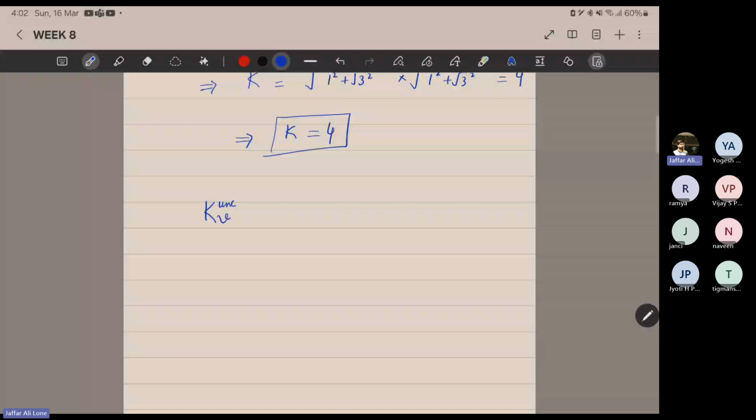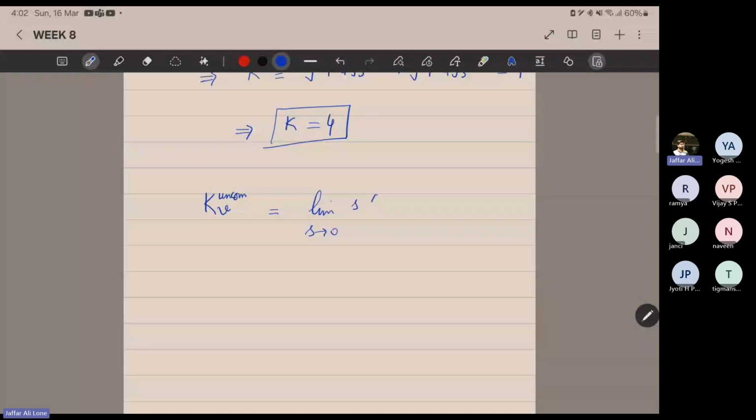Its velocity constant will be the limit as s tends to 0 of s into G(s). So it will be s into 4 divided by s into (s plus 2). The s and s will cancel, 0 and 0 will go. Yeah, this will be Kv uncompensated, equal to 2.